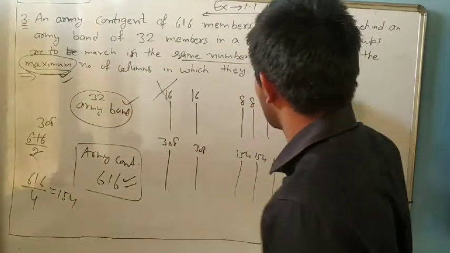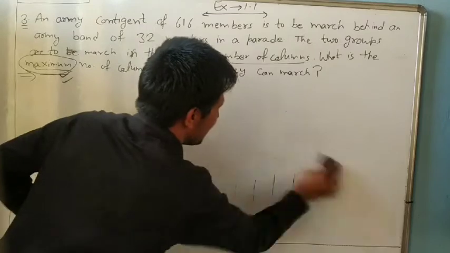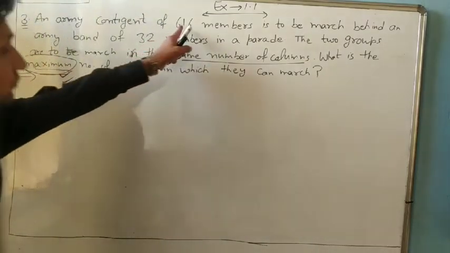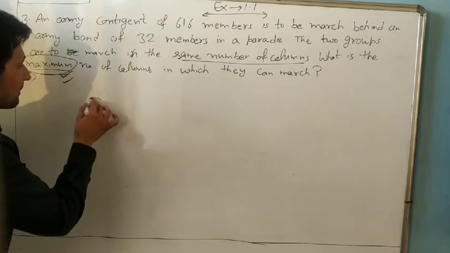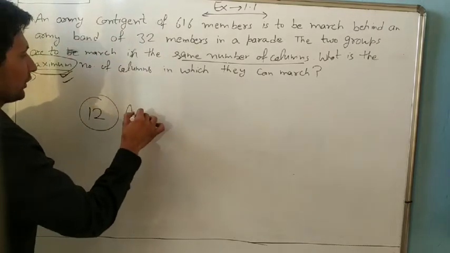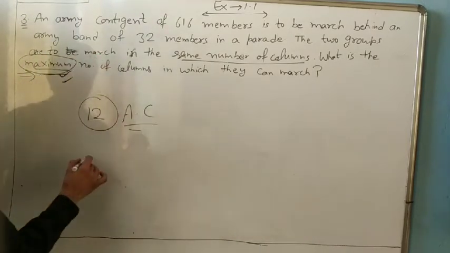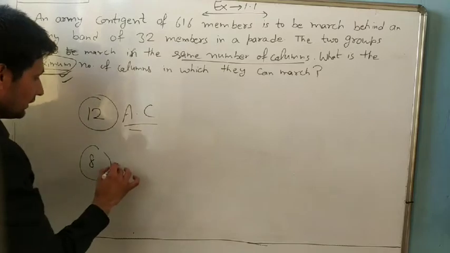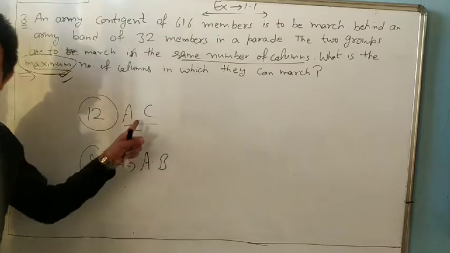Suppose one more example we are discussing here. Suppose in place of 616 members, only 12 members are given in the army contingent, AC meaning army contingent, and 8 members in the army band. Okay, there are two groups.